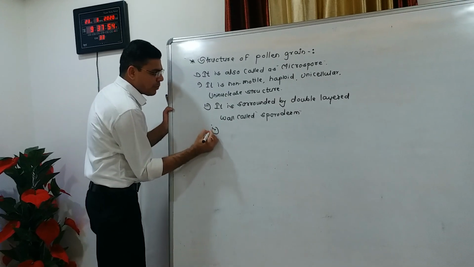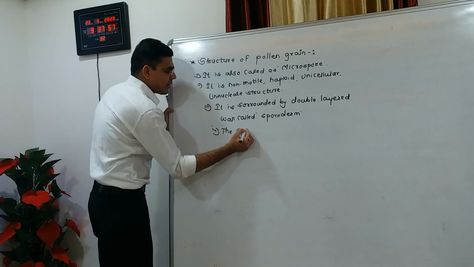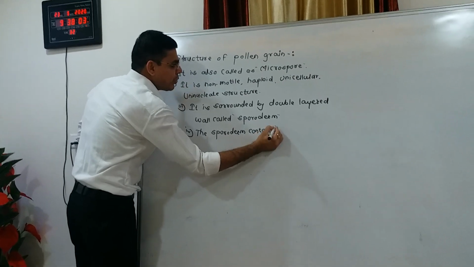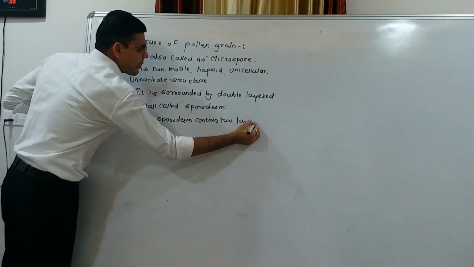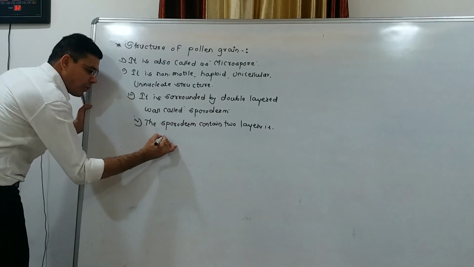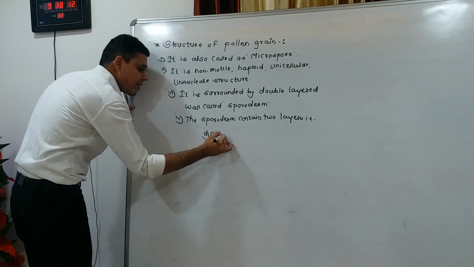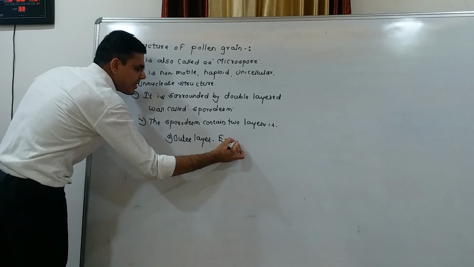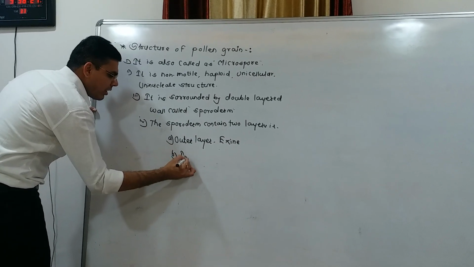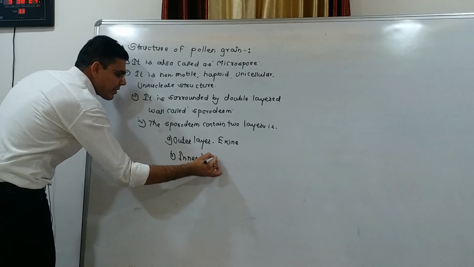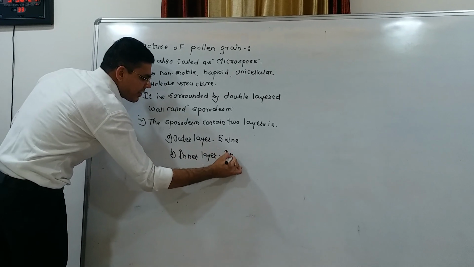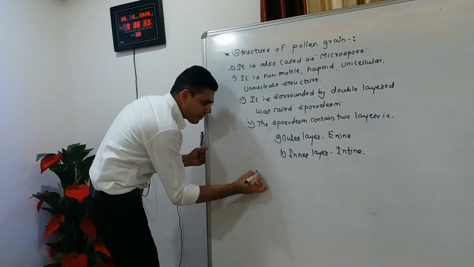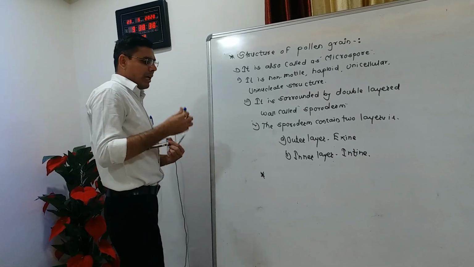And the sporoderm contains two layers, that is, the outer layer called exine and the inner layer called intine. So first of all we will discuss exine.